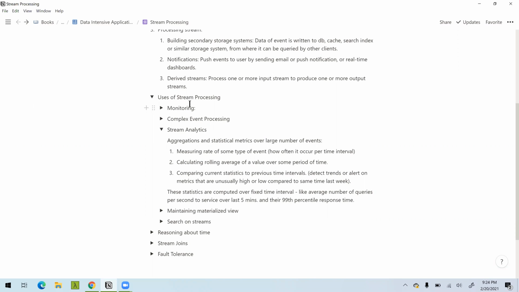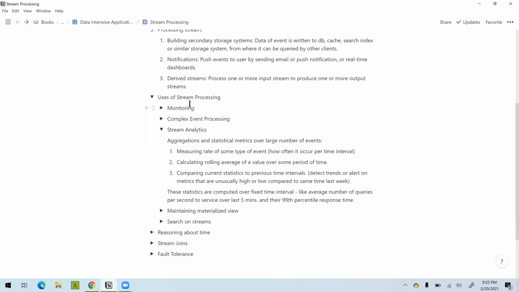So that is your previous data. And now let's say you see a huge spike in the usage of your application, then you should be alerted about it because you need to see what's happening, right? So these are the kinds of things where you are comparing your current statistics with the previous statistics, right?